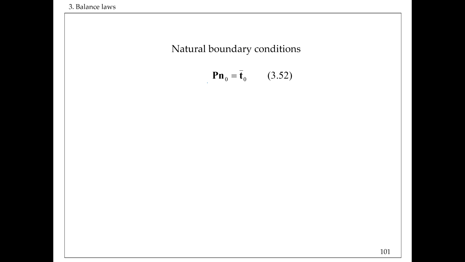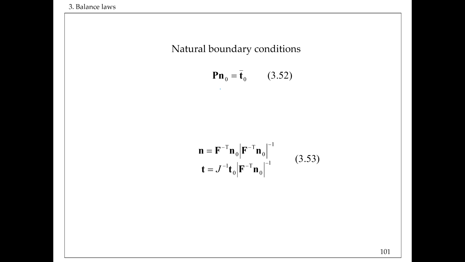We define the tractions in the undeformed configuration here, and that relates us to the stresses through the normal in the undeformed configuration, which we can relate to the divergence of P and the solution that we obtain there.